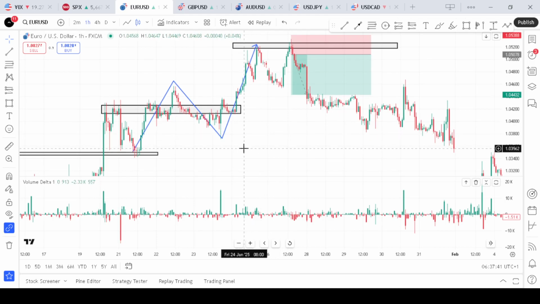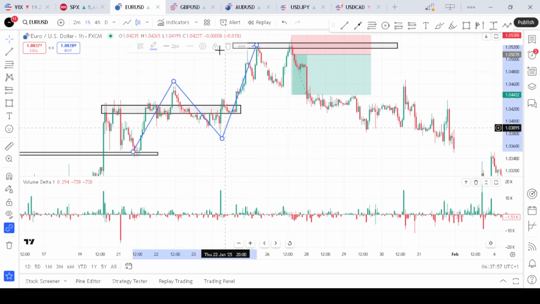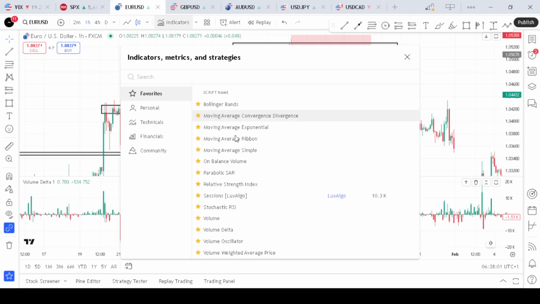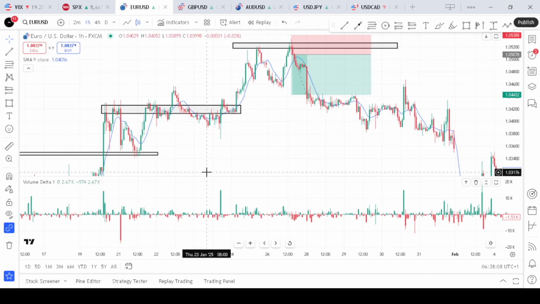Step 7 is combining the delta analysis with other indicators. For additional confirmation and precision, you pair the delta volume analysis with traditional technical indicators such as your moving average, meaning to further confirm or to further strengthen your bias, you can always combine this delta volume with indicators such as your moving average or your RSI.